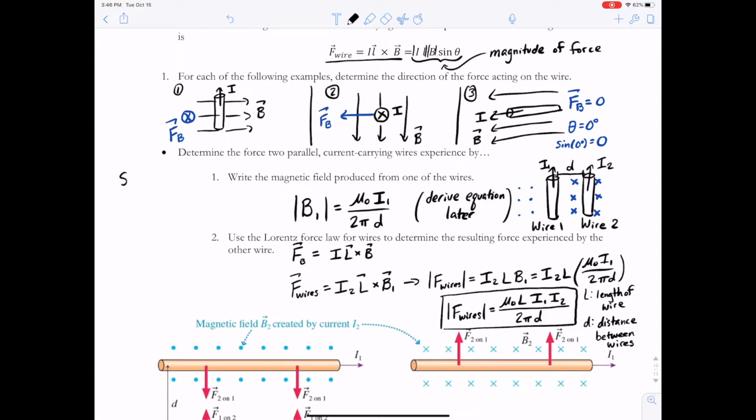So in words, let's just write one more note going over this reasoning that we've just talked about. So this is similar to what we saw with the force between electric charges, in that, in the first step, wire 1 creates a magnetic field.